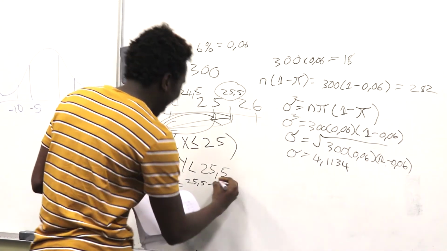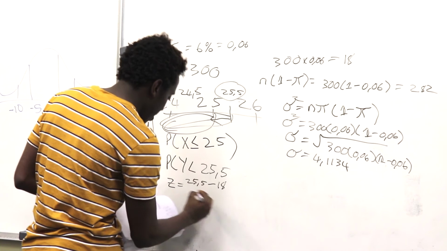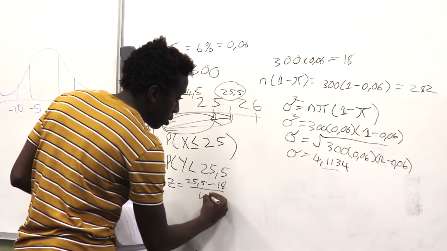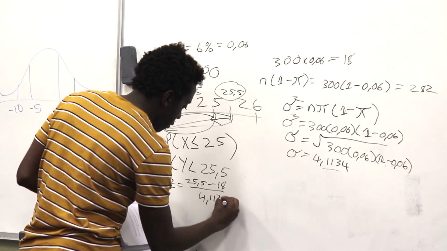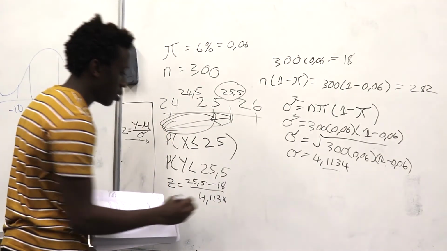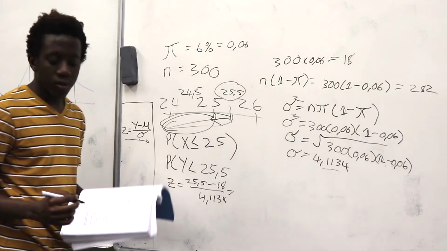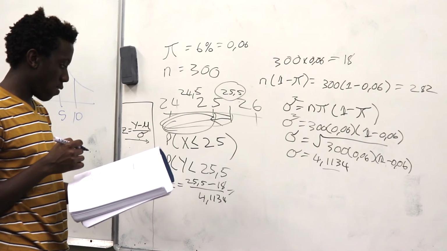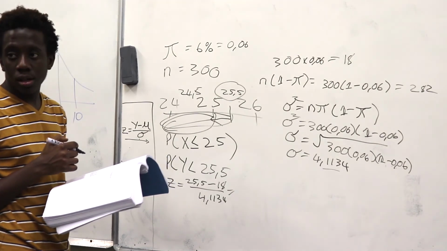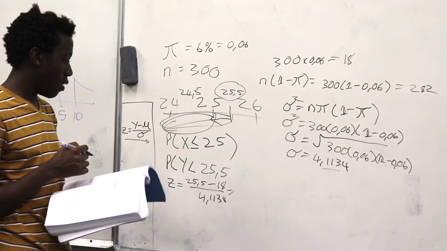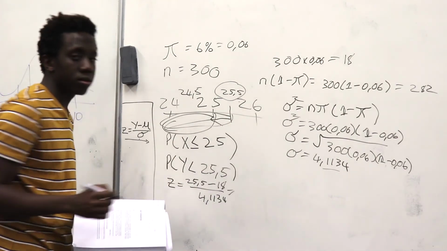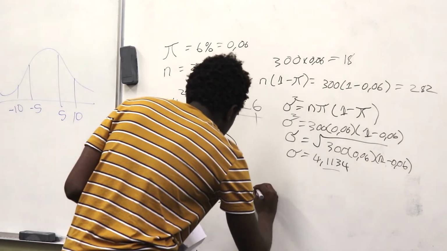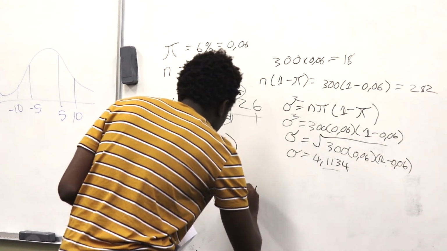Then 18 over this number over here, which is 4.1134. Can someone please tell me what that would be? 1.8233. Okay.